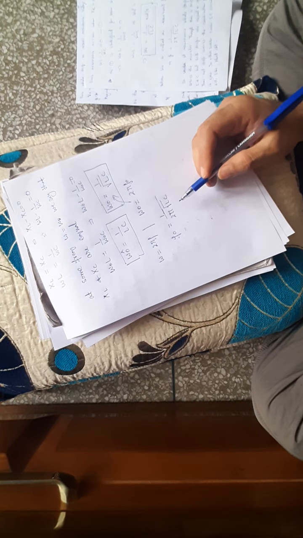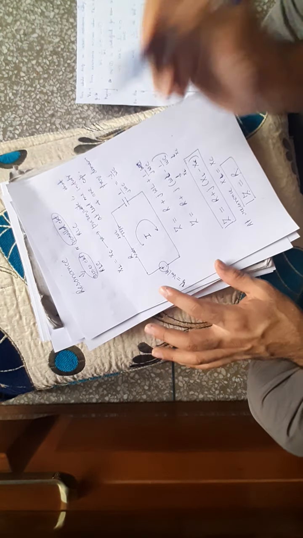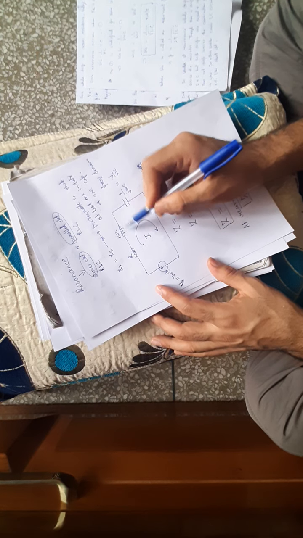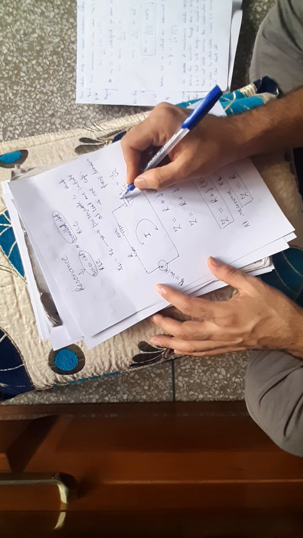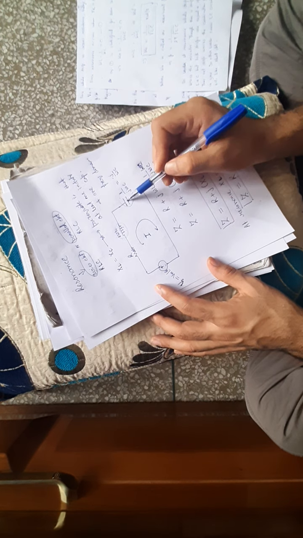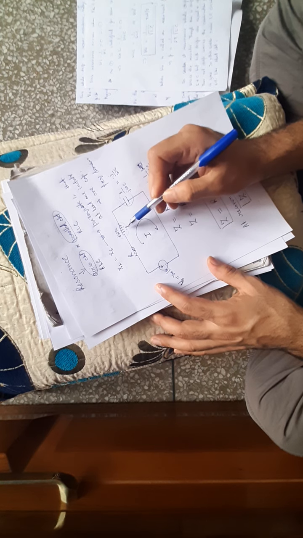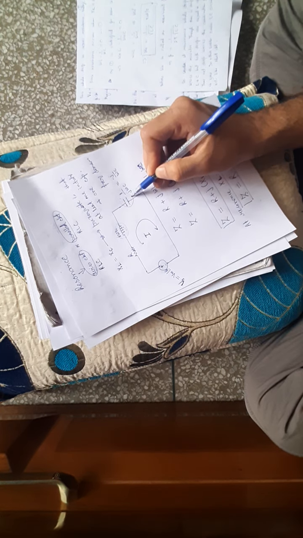Okay. So at resonance, let me go back to this diagram. I am saying, suppose at resonance, this reactance is equal to this reactance. So it is XL minus XC. So what will be the voltage drop across this inductor, because the same current is flowing in this inductor and the same current is flowing in this capacitor.